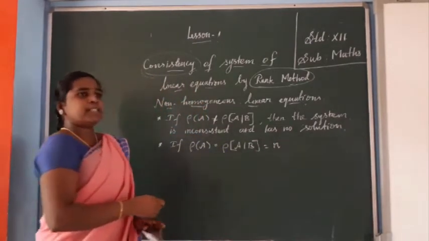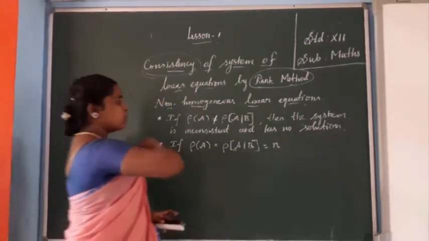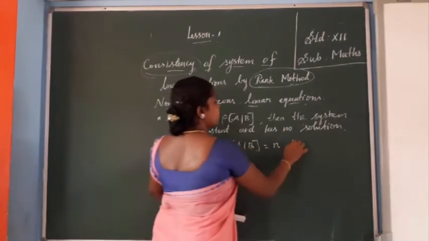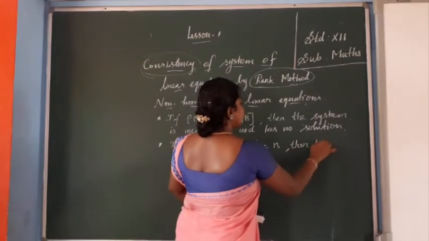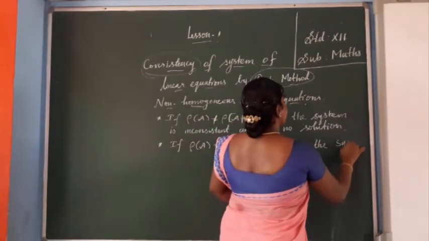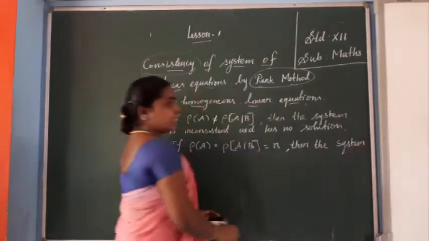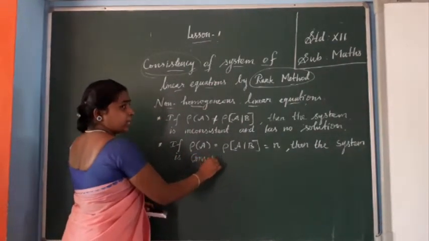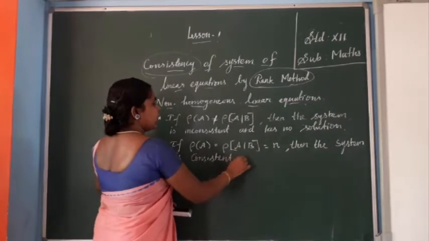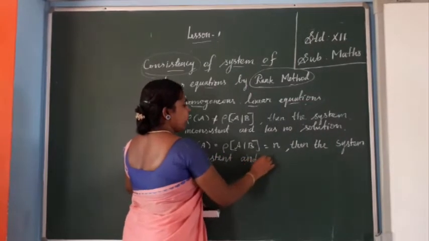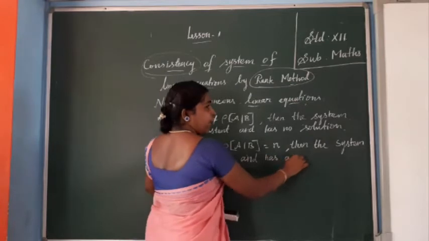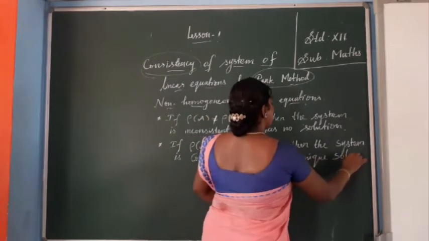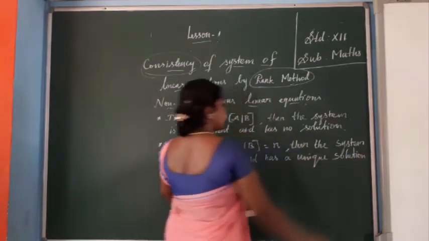Number of unknowns means that is x, y, z. So if rank of A equal to rank of AB equal to n, then the system is consistent and has a unique solution. Okay, so this is the second point.